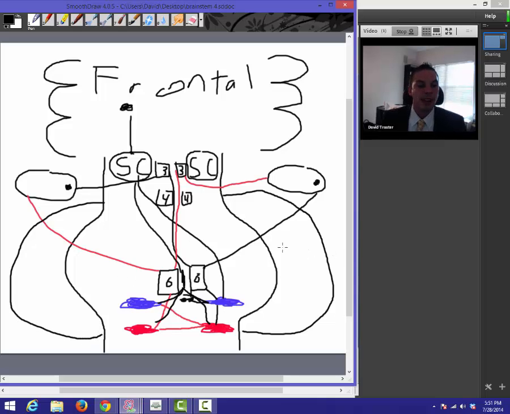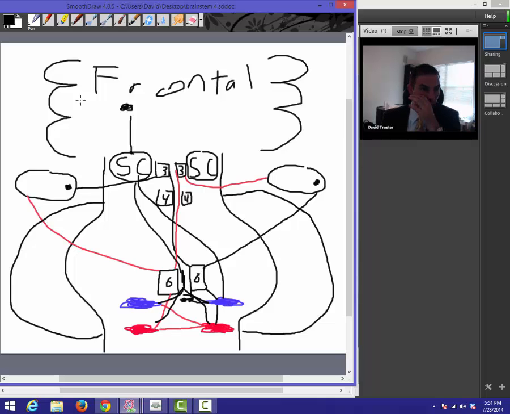Now, we talked about omnipause neurons are the only things that pause the eyes and inhibit the burst neurons. However, when you have such a fast velocity of eye movements, the omnipause neurons aren't really strong enough to stop the eyes in motion. The way to think about it is your burst neurons are so powerful, the only thing powerful enough to stop a burst neuron to the right is a burst neuron to the left.